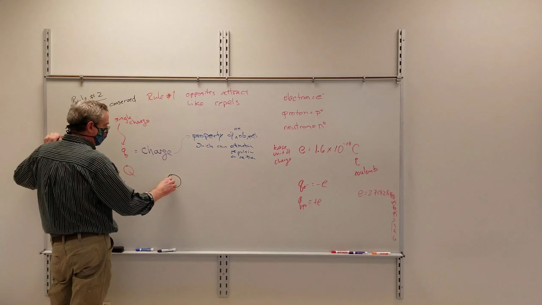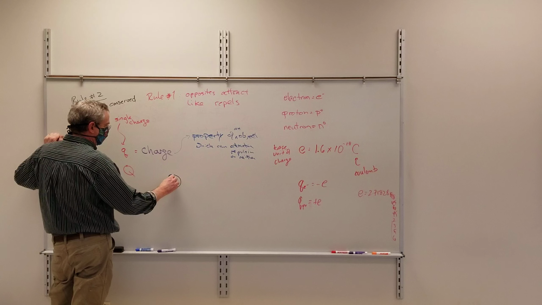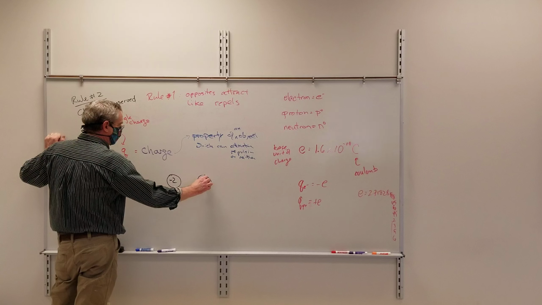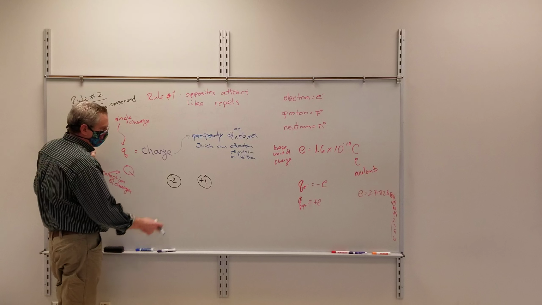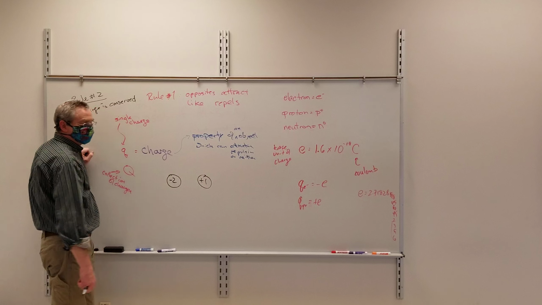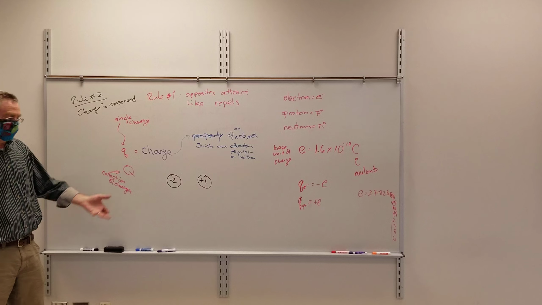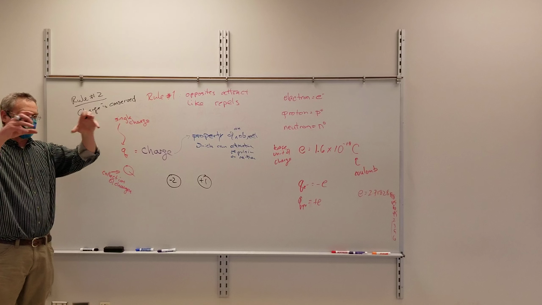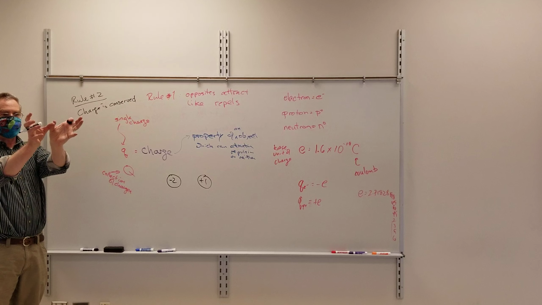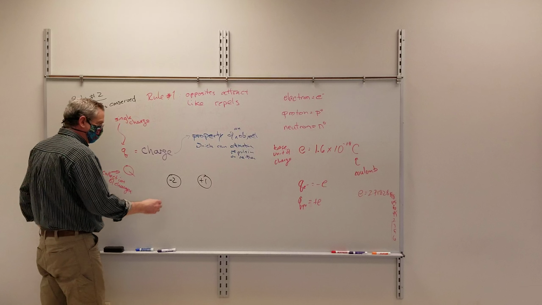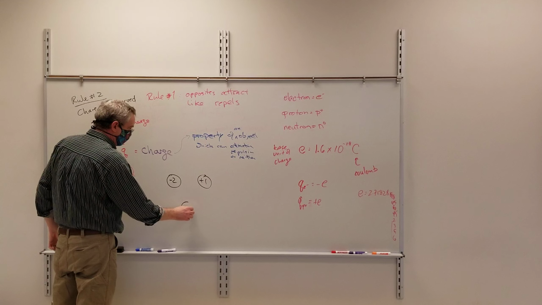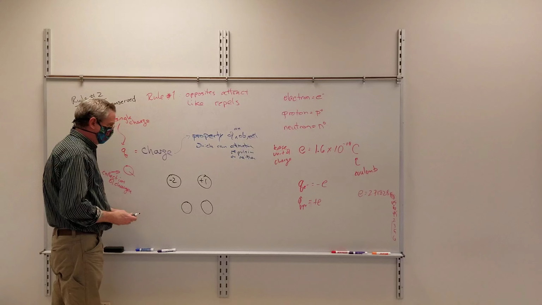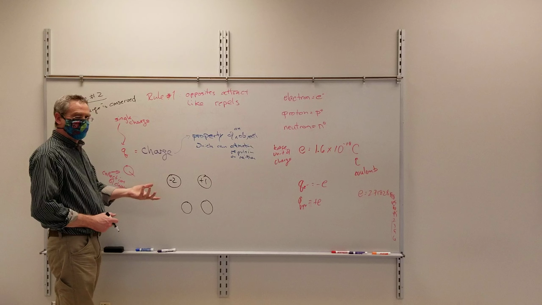I have an object with a charge of -2 units and another with a charge of +1 unit. Say they're conducting spheres, with charge all over the surface. I touch the two spheres together, and charge gets transferred. What will be the net charge of them after they touch?